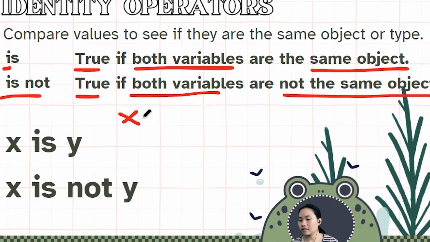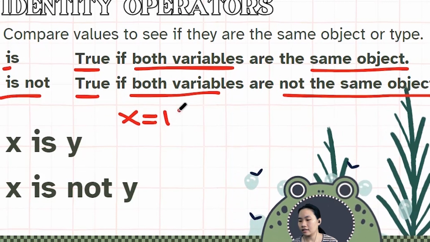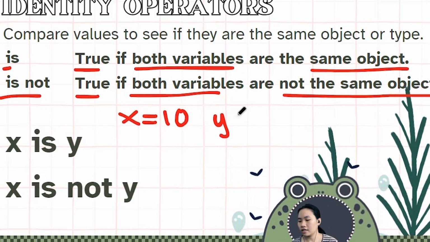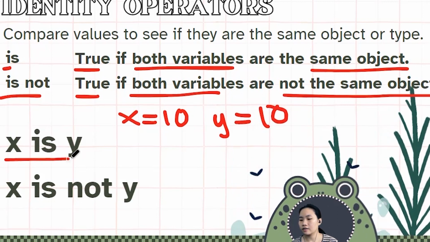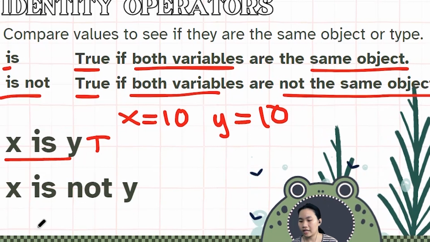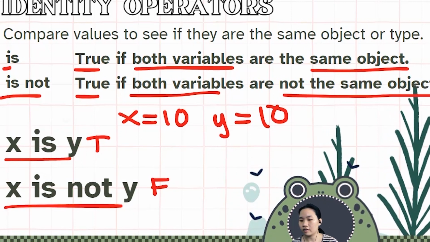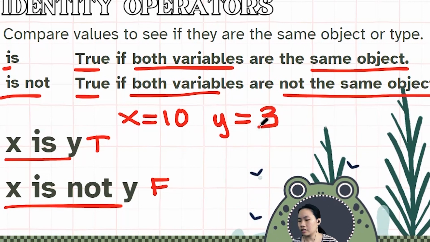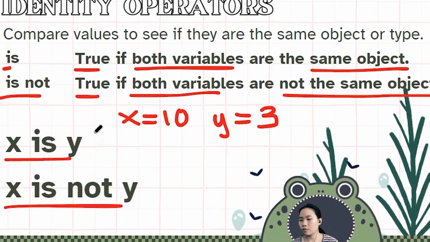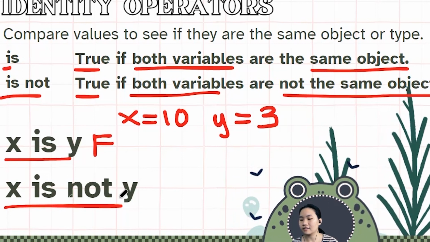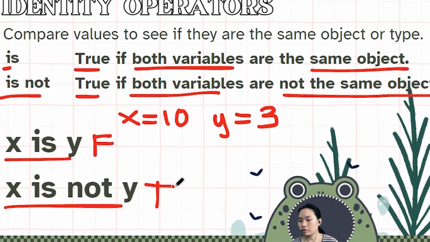Let's say x is 10 and y is 10, x is y will return true, and x is not y will return false. Let's make this 3. Okay, I'm going to erase these. X is y will return false, and x is not y will return true.